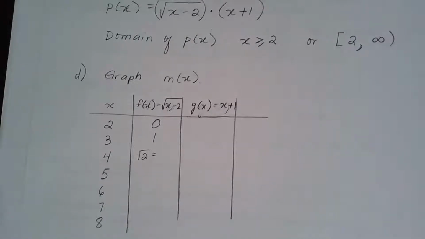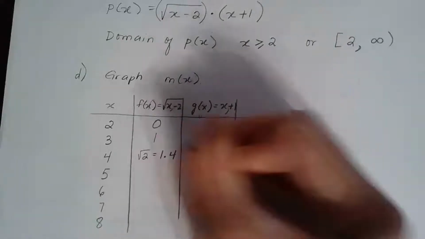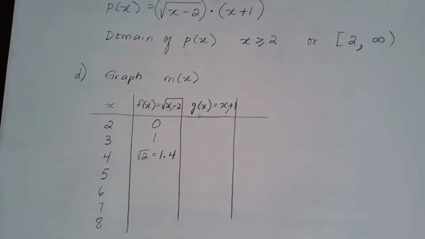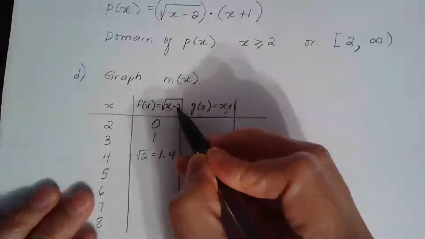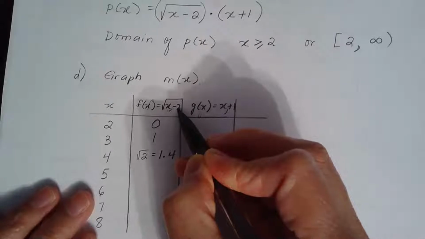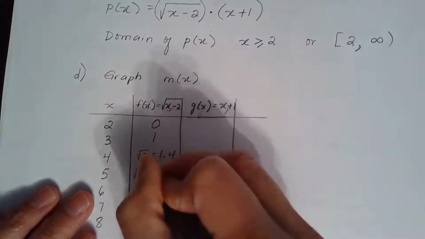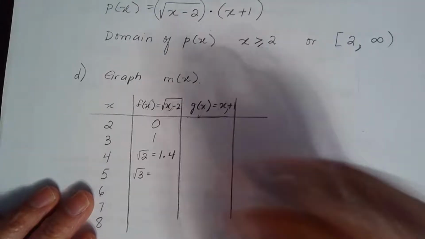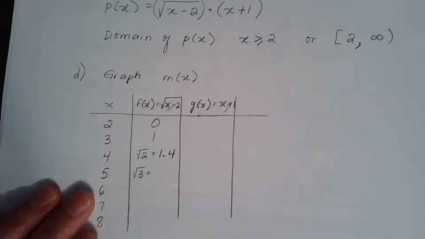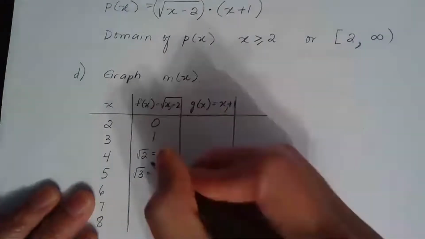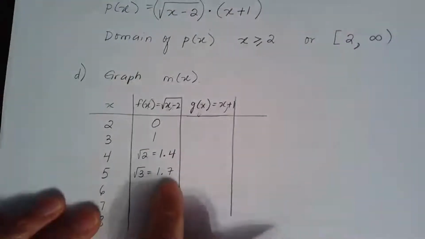I know square root of 2 is approximately 1.4. And 5. If I substitute 5 there, 5 minus 2 is 3, so that's going to be square root of 3. Square root of 3 is approximately 1.7. We're just going to round this off.